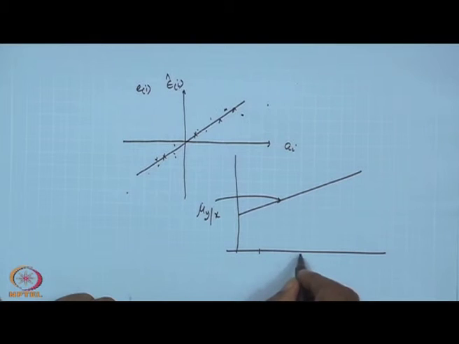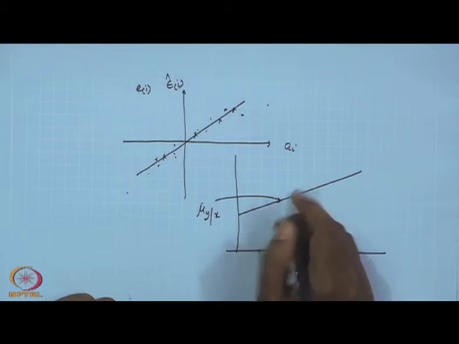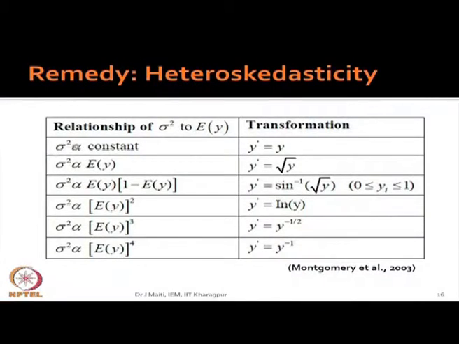If for every value of x it is constant, then the first case comes into consideration: sigma square is constant. This sigma is related to the variability of y for a particular value of x.